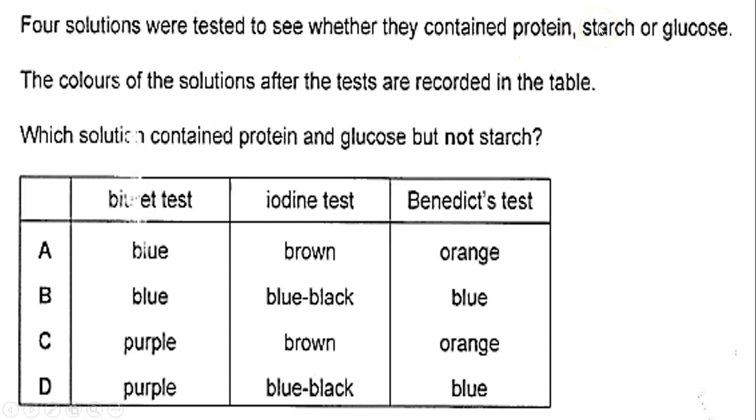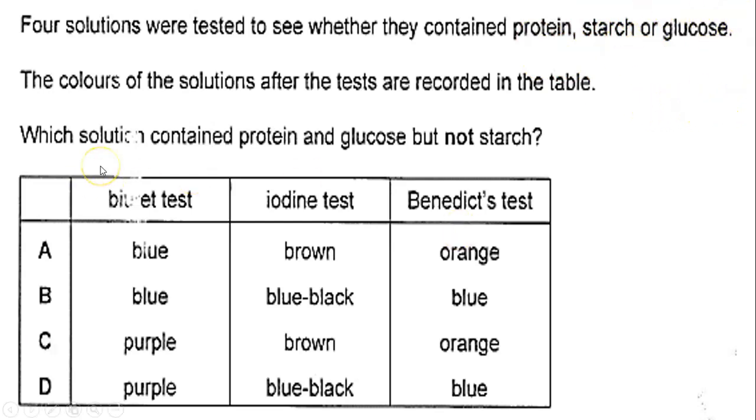Starch, I will write positive iodine. And glucose, I will write positive Benedict. So I will write then the color. Positive for protein, purple. Positive for starch, blue-black. And positive for glucose, it's gonna be brick red.